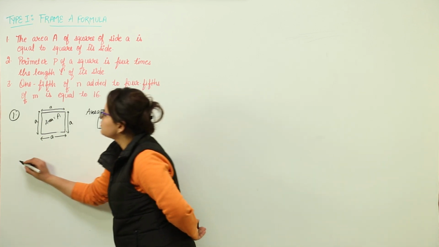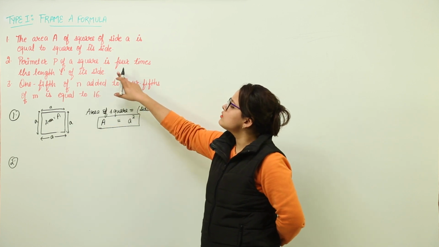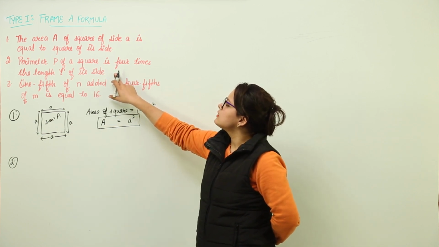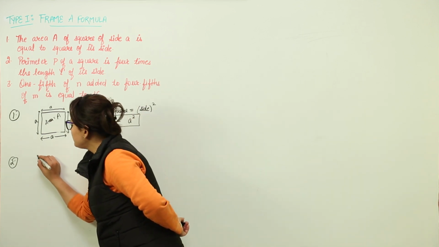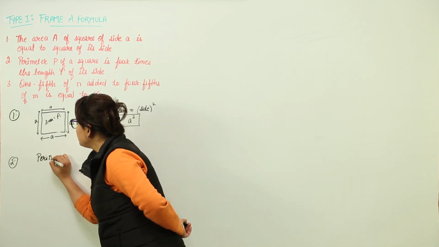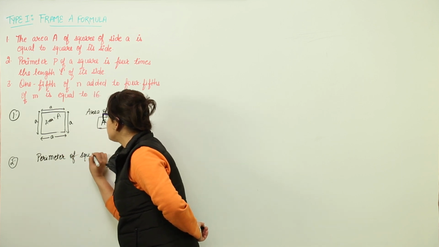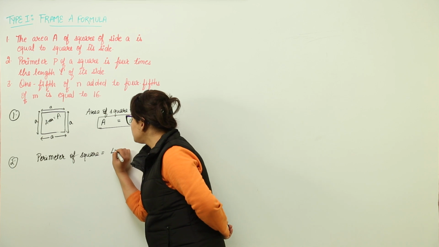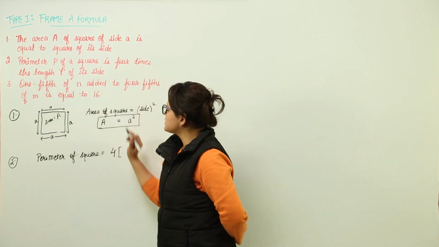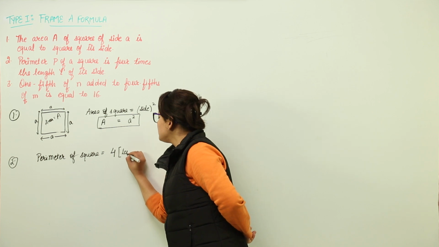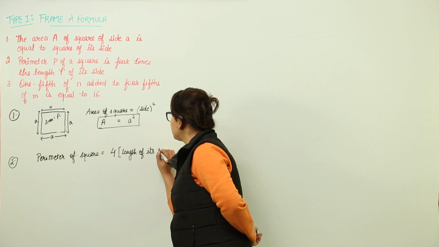So next, moving on to question number 2, we have: the perimeter of a square is 4 times the length l of its sides. So I'll write over here that the perimeter of a square would be equal to 4 times the length of its side.